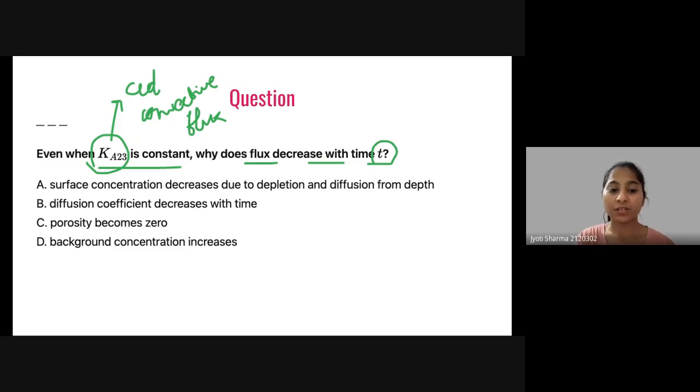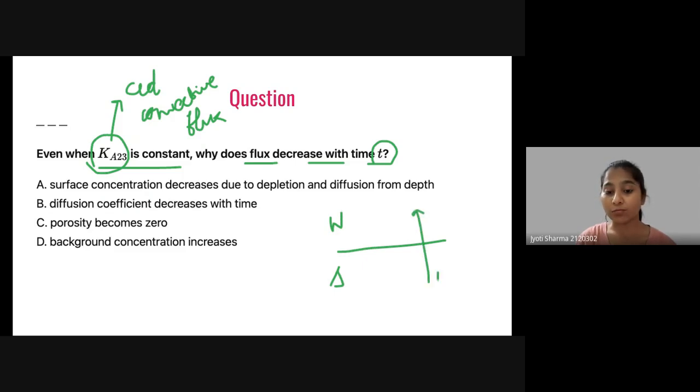Surface concentration decreases due to depletion and diffusion from depth. Diffusion coefficient decreases with time. Porosity becomes 0. Background concentration increases. How can flux decrease with time? Again, I'm drawing the same thing. We have the interface, here we have the sediment part, and here we have the water side.